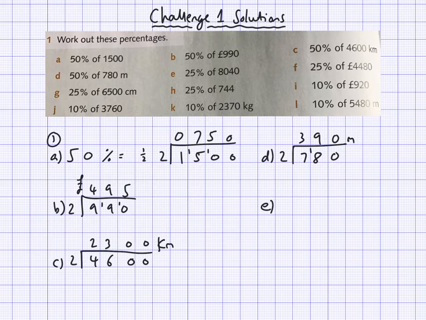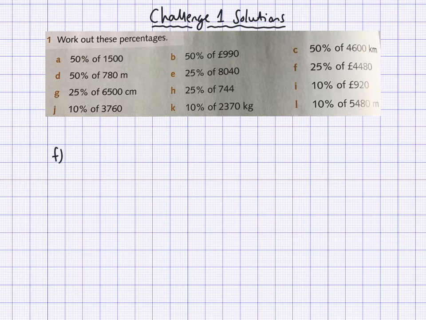E, 25% of 8,040. So there's no unit of measure this time. But 25%, I need to remember, equals 1/4. To find a quarter of something, I divide it by 4. Okay, so 2010 is your answer to that one. F, 25% of 4,480 pounds.